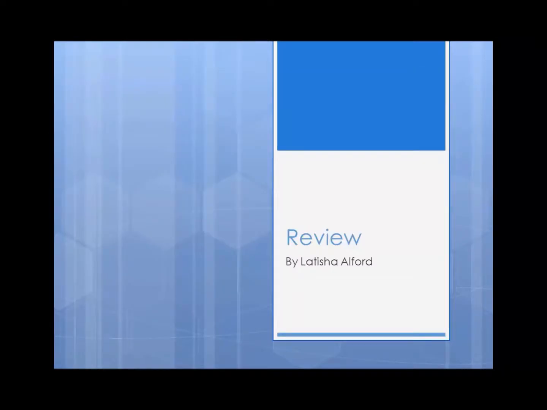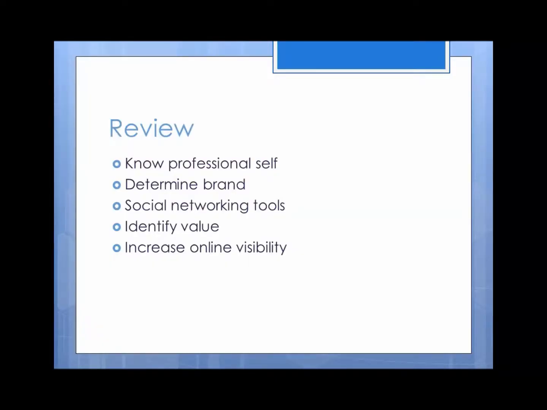So as a review, let me go back and do a quick review of everything that we've talked about so far. It's essential that you know who you are professionally, so that before you get started with social media, you have a clear idea of what you want to be professionally known for. Because if you don't have a clue, it's impossible to begin an organized conversation in order to do the second part of the process, which is determining your brand. To determine your brand, you need to know what you want to be professionally known for.